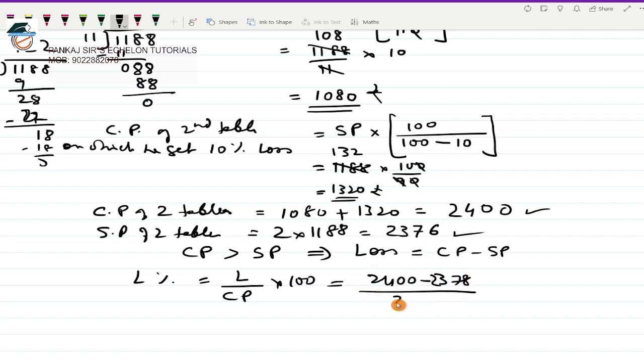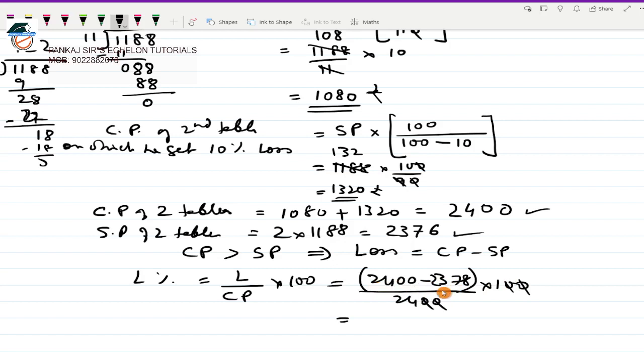Divided by cost price, that is 2400, times 100. Now this calculation will give you the loss percentage. First let me cut these two zeros from top and bottom. Now see, here I am cutting these zeros because I am putting a bracket, and I am avoiding this minus from the system. So I'm just cutting the zeros from this part, 100 upon 2400. I'm not touching this part.